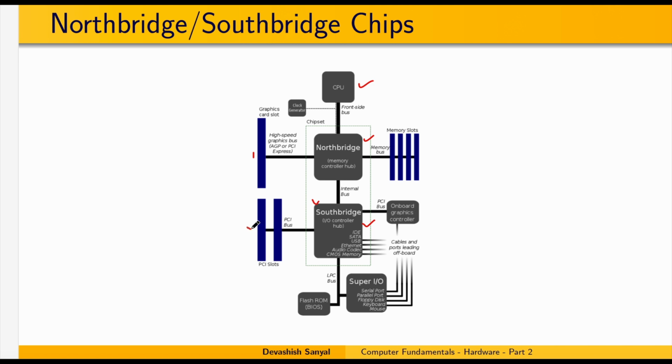This is the PCI bus. This is input output. This is the Super IO, which controls input output. And this is the ROM. We will come to know what ROM is. ROM holds the BIOS, Basic Input Output System.